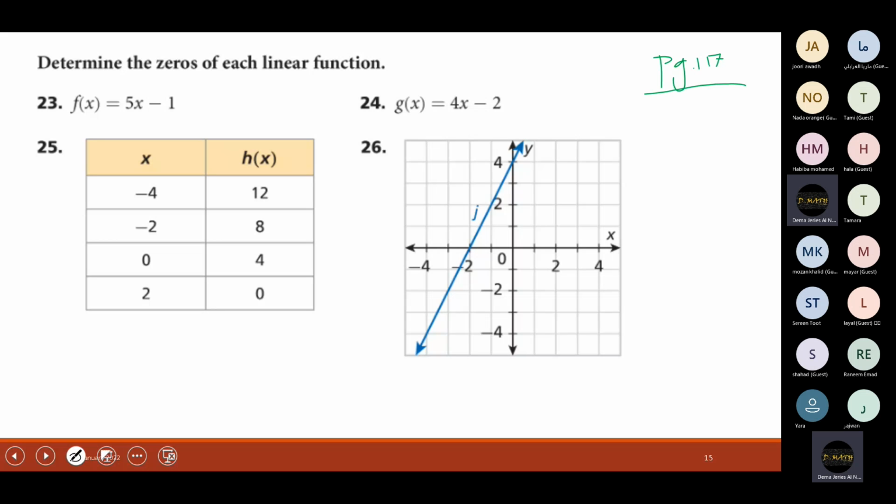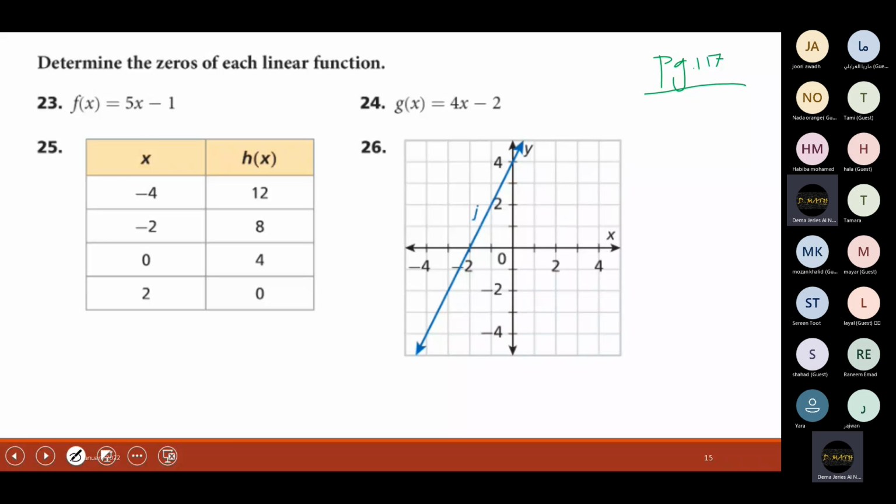Now, here we have 4 examples of functions. Some of them are graphed, one has a table, and 2 of them are given as an equation in standard form. I want now to determine the 0 of each function.